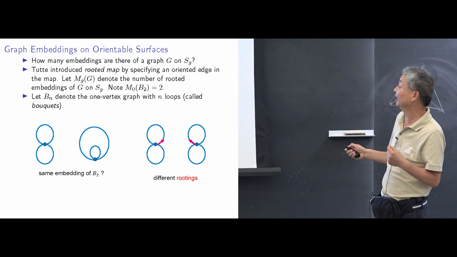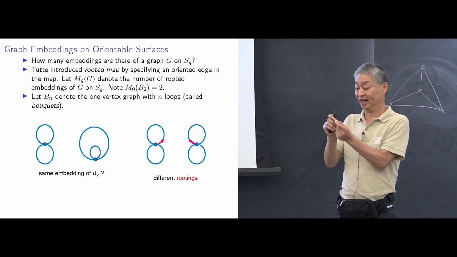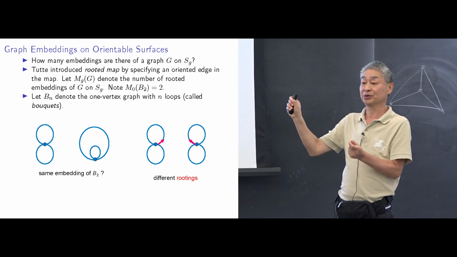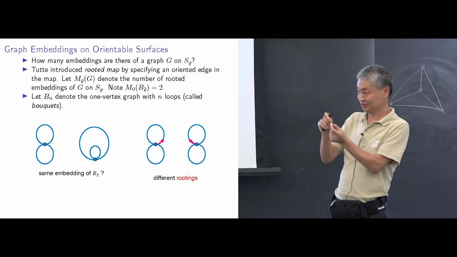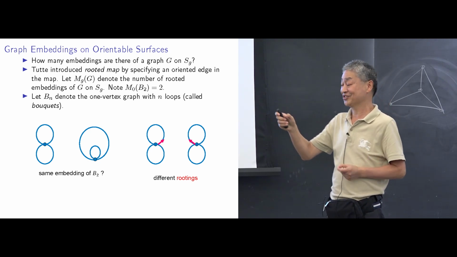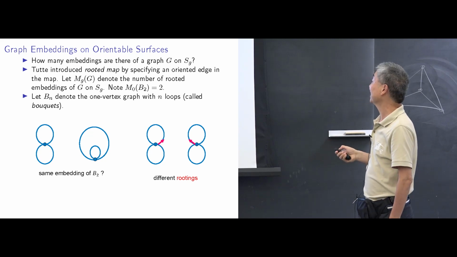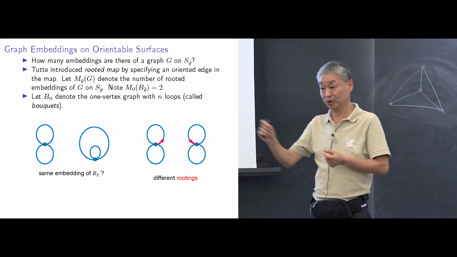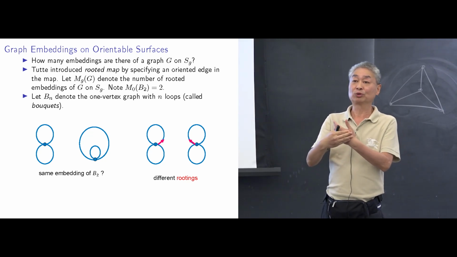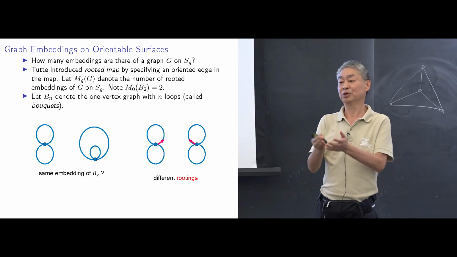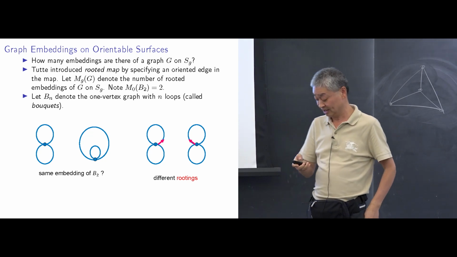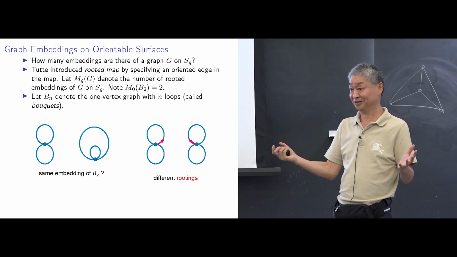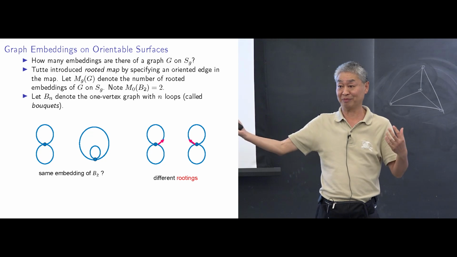By specifying a vertex and an edge incident to that vertex. So basically just a directed edge, okay? And then we have the so-called rooted map. And Tutte proved that by rooting a map, you totally destroy the symmetries, okay? The automorphism group becomes trivial. So it makes counting much easier. You can easily distinguish whether two rooted maps are the same.